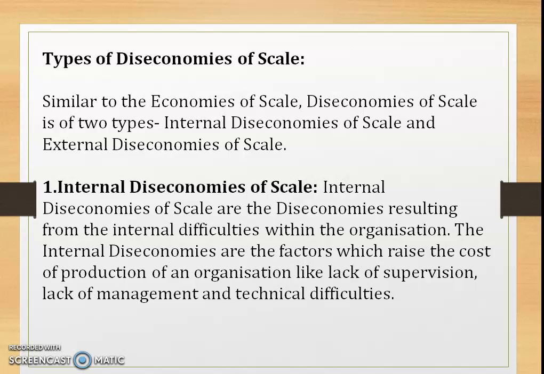The internal diseconomies are the factors which raise the cost of production of an organization, like lack of supervision, lack of motivation, lack of management, and unskilled laborers. They might also have technical difficulties in handling the technologies, which leads to the cost of production increasing. That's the cost per unit increases.